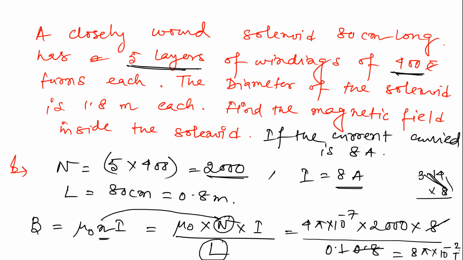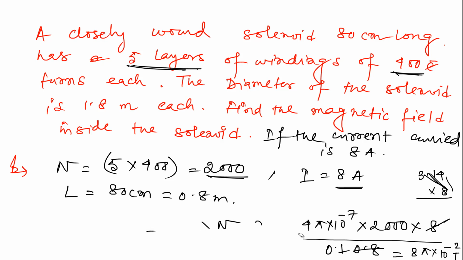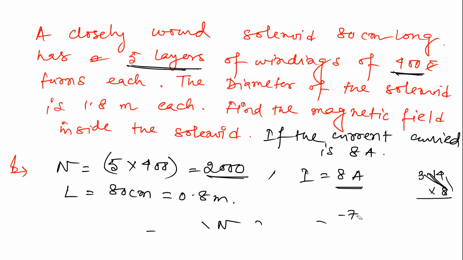Sure, I can explain the last line. Let me move to the next slide. Okay, I'm just erasing that portion and writing again over here. So actually, we are going to find the magnetic field for the case of solenoid, right?